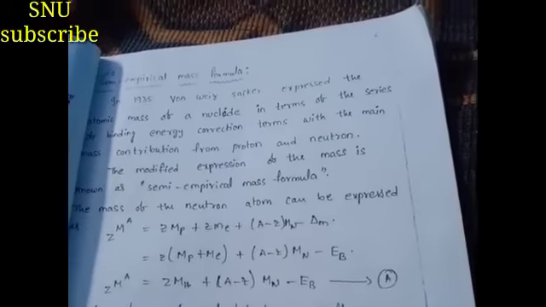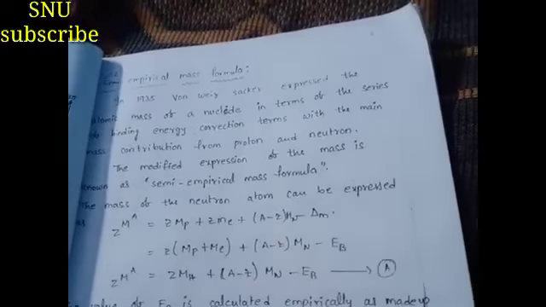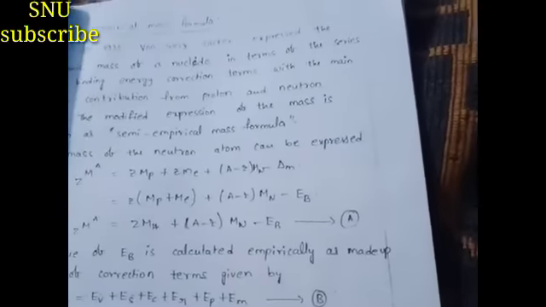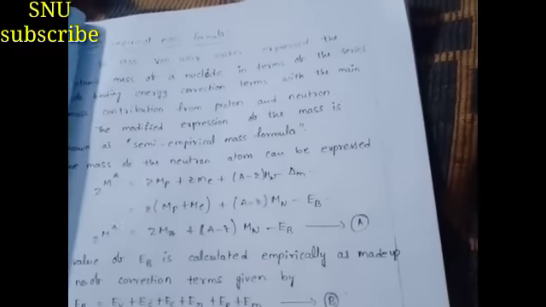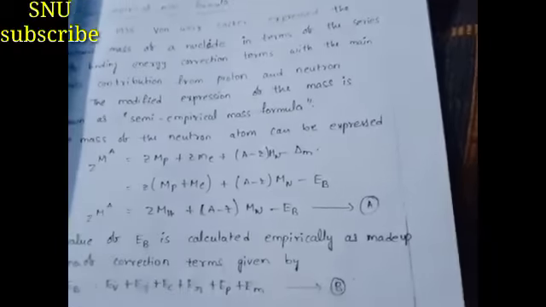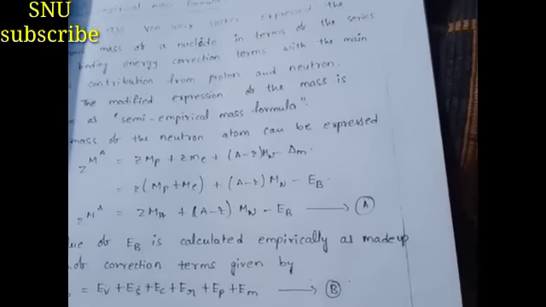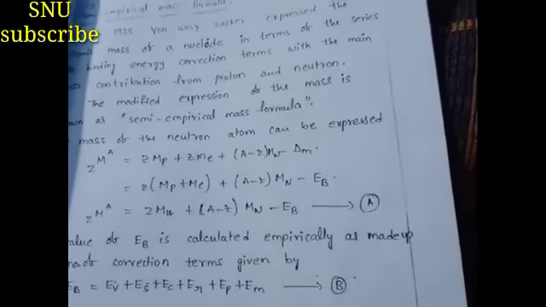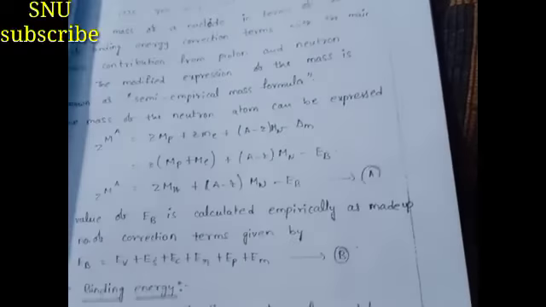Semi-empirical mass formula. In 1935, von Weizsäcker expressed the atomic mass of a nuclide in terms of a series of binding energy correction terms, with the main mass contribution from protons and neutrons. The modified expression of the mass is known as the semi-empirical mass formula.